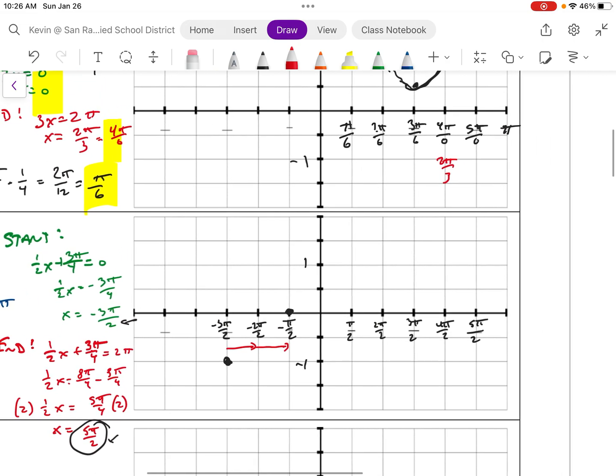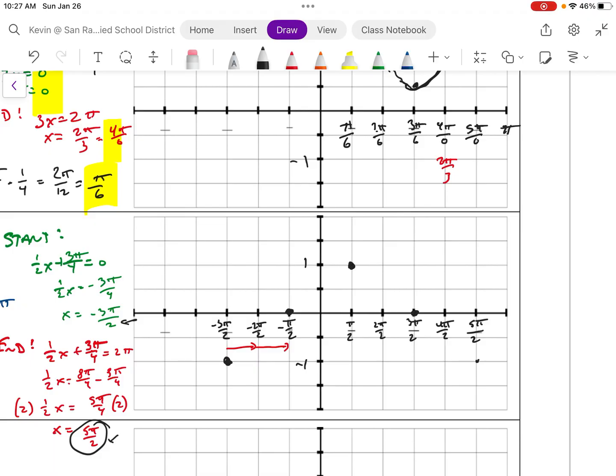So that is my x increment here, right? And then I'm going to go to my maximum. And then I'm going to come back to my midline. And then I'm going to finish. Oh, how did my spacing get off? Oh, that's why. Oops. I have to go pi, right?